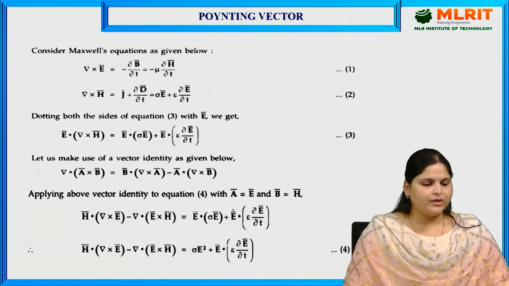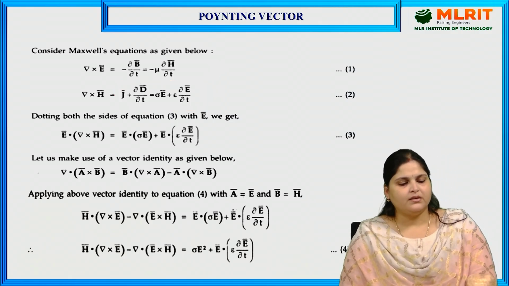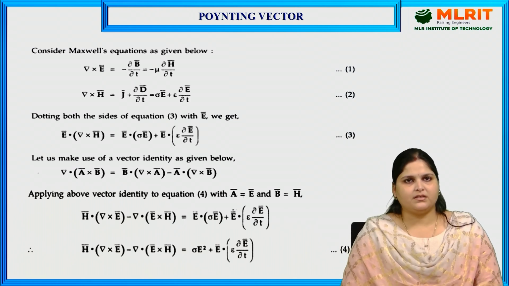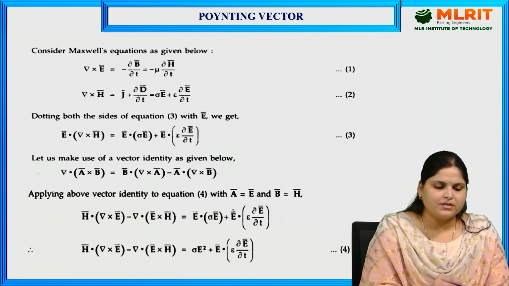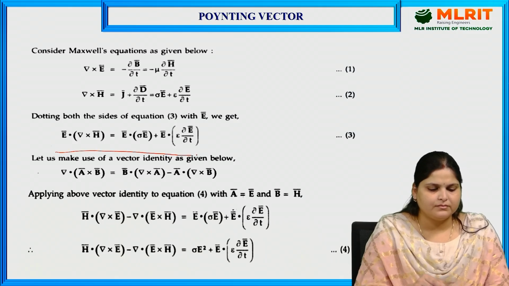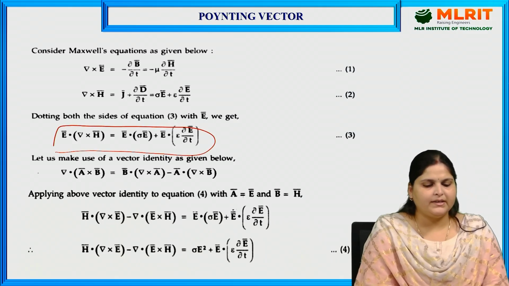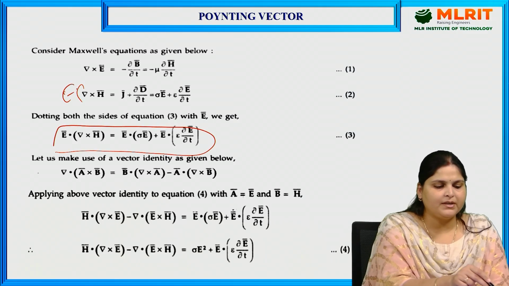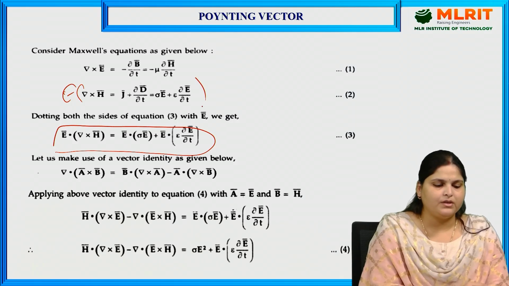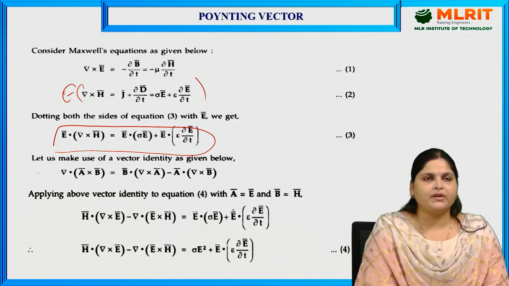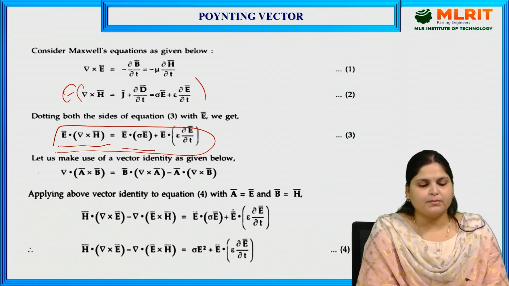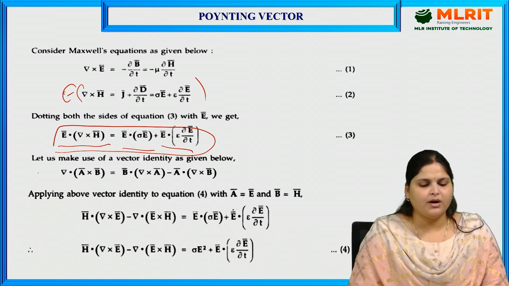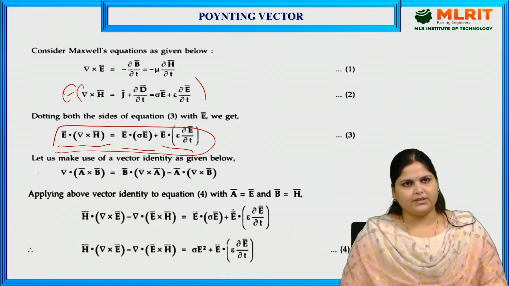Now we take the dot product of E on both sides. So this equation becomes E dot del cross H is equal to E dot sigma E plus E dot epsilon dou E by dou t.